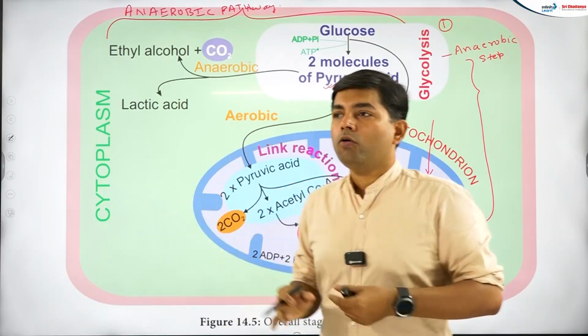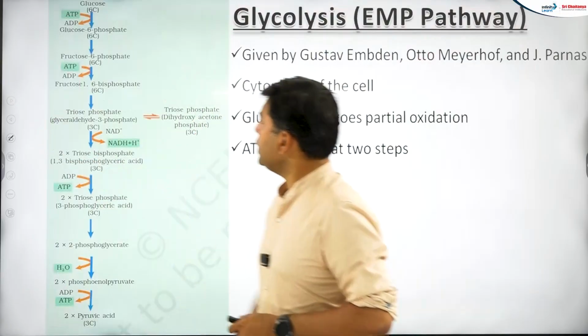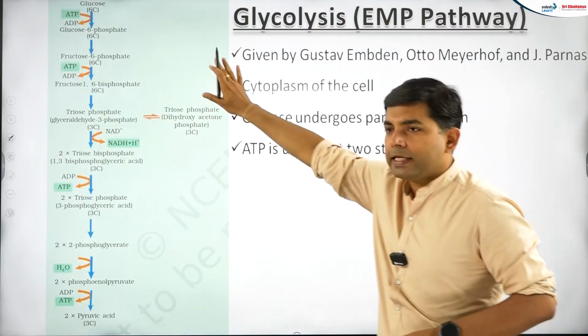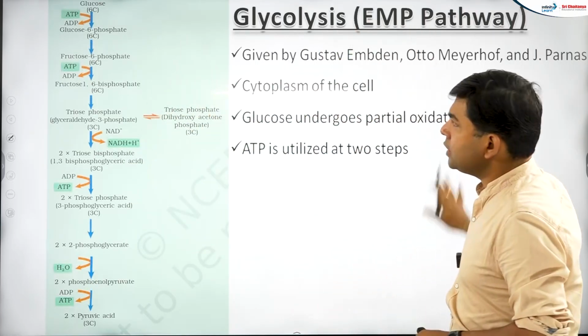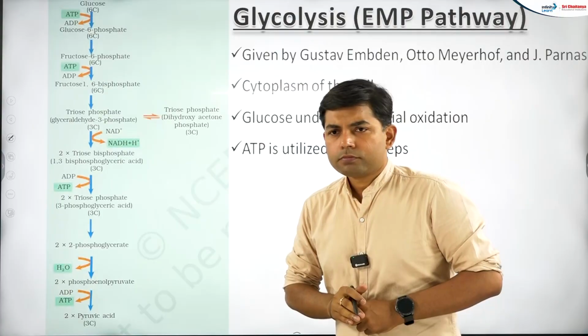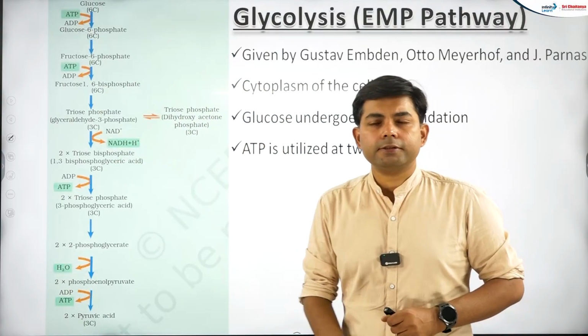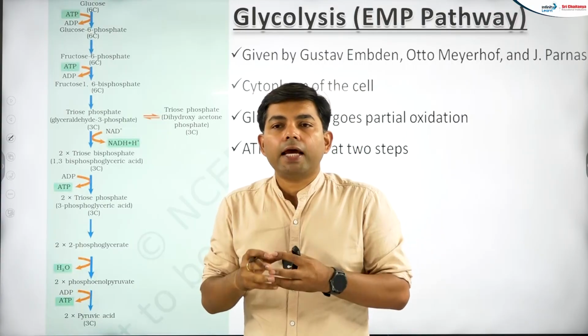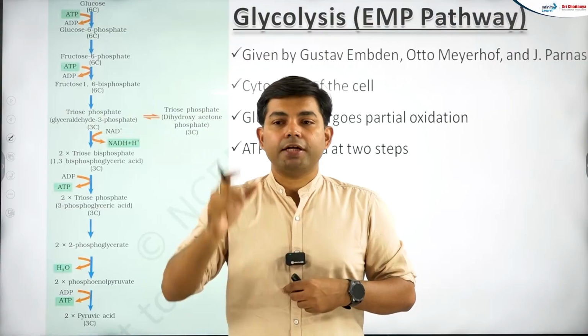So let's see these anaerobic pathways one by one. This diagram is directly taken from NCERT. As you can see, this is representing glycolysis, and these are the different steps of glycolysis. How does glycolysis start? For anything to start, you need a substrate.